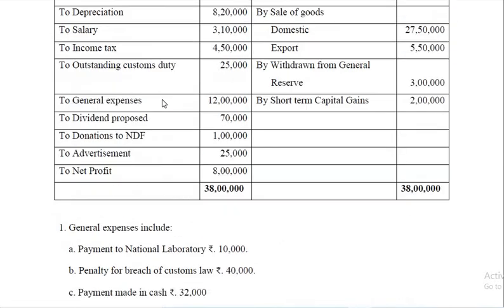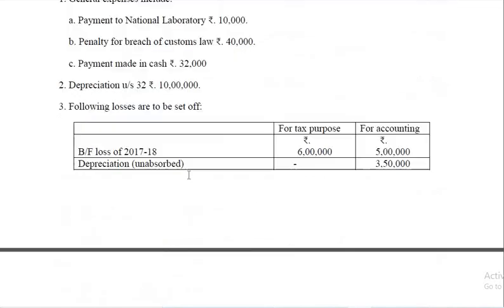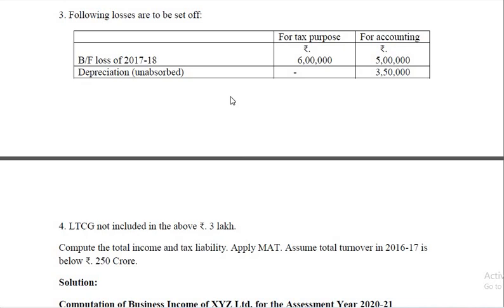Let us see the debit side here. I'm sorry, not book profit, while computing the tax on total income. You know, in the case of a domestic company, it is 30%. In the case of foreign companies, 40%. Whereas if its turnover is below 250 crore in 2016-17, then the tax rate is 25% instead of 30%.